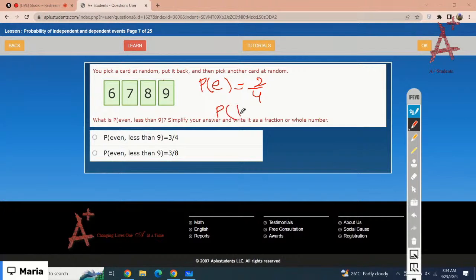And probability of less than 9. So how many of them are less than 9? 3 of them, so 3 over 4. So the probability is 2 by 4 times 3 by 4. That would be 6 over 16, 3 over 8. Got it? The second option is the correct option.